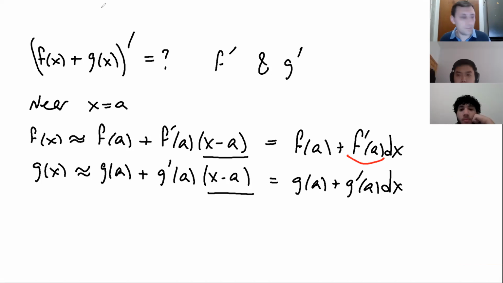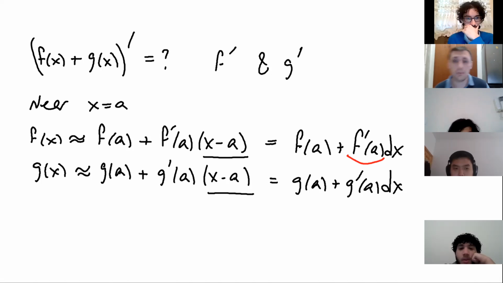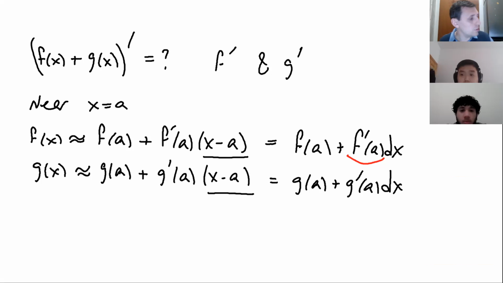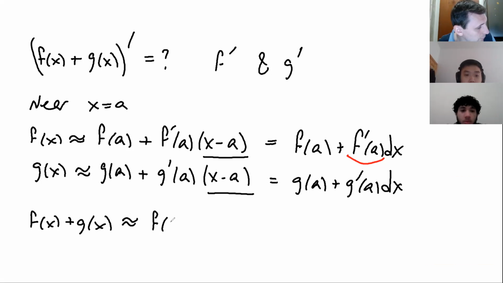So if I'm interested in adding f plus g, then when I ask what's the derivative of f plus g, I mean take the graph of f of x plus g of x and zoom in on it at the point a. Tell me what slope you see. That's what you're talking about when you are thinking about the derivative, at least geometrically. So if I add f of x plus g of x, that will be very similar to just adding f of a plus g of a.